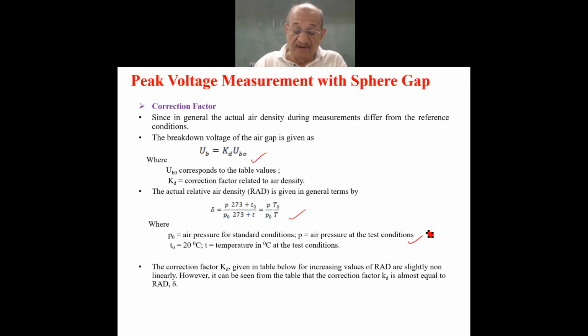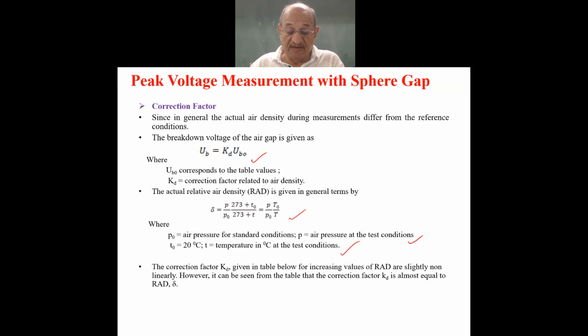T naught is 20 degrees centigrade, and T is given in degrees centigrade. So this is how you can work out the correction factor, which you must multiply with the value you get from the tables to get the correct value of U_B.